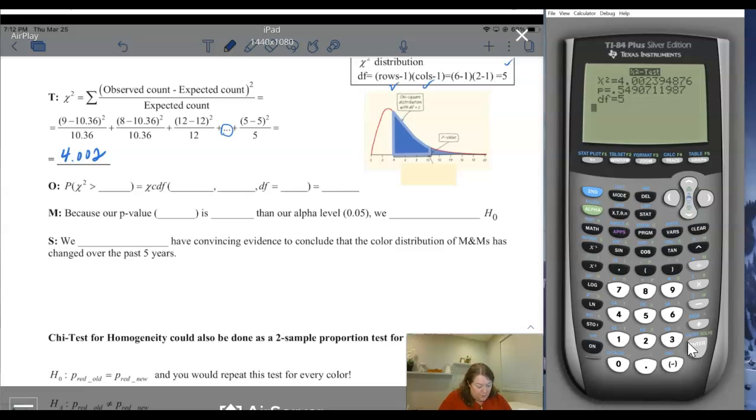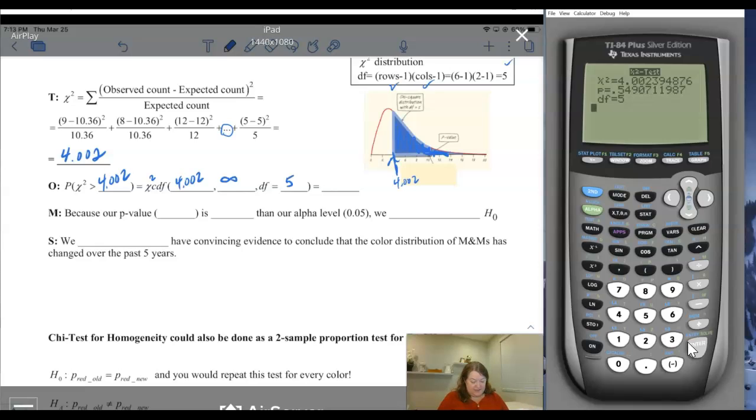And now I'm going to do 4.002, and I'm going to color in all of this stuff all the way over. So I want to calculate the probability that chi-squared is greater than 4.002, and that would mean I would be doing a chi-squared CDF from 4.002 to infinity with degrees of freedom equals 5.